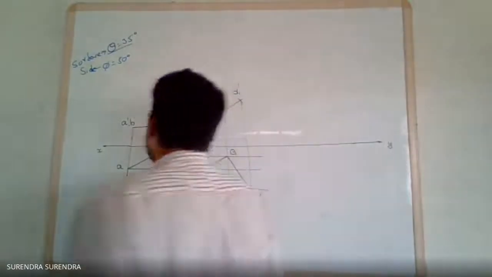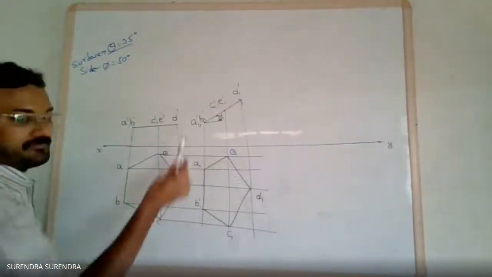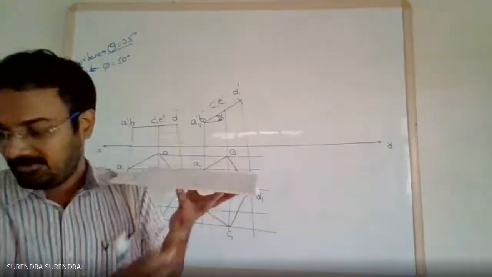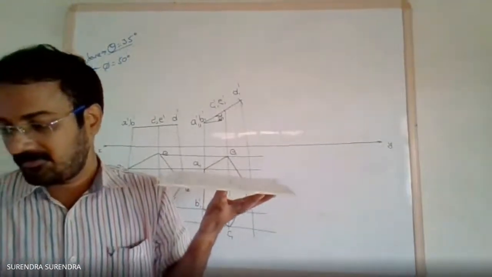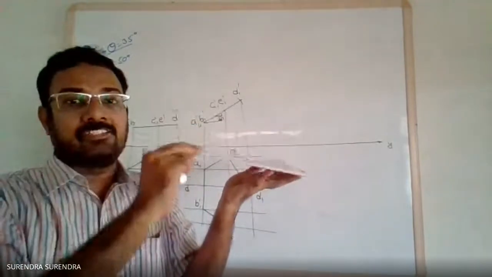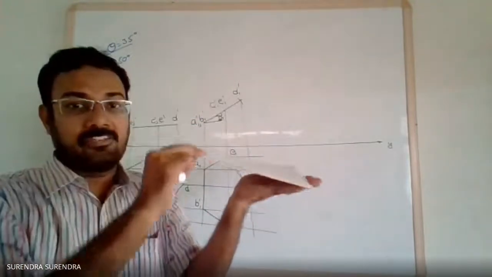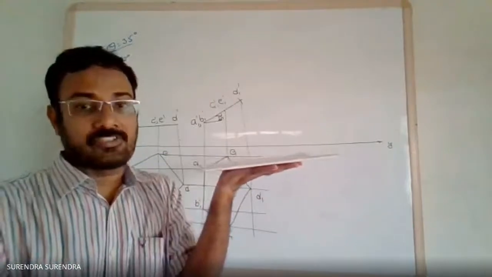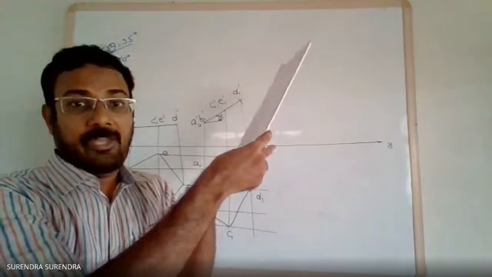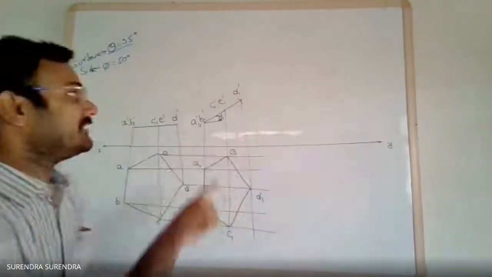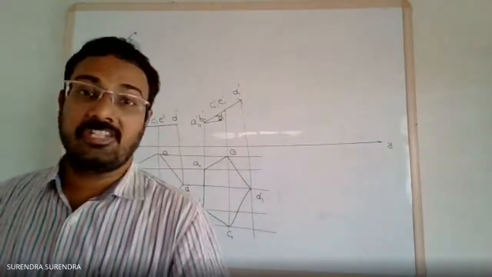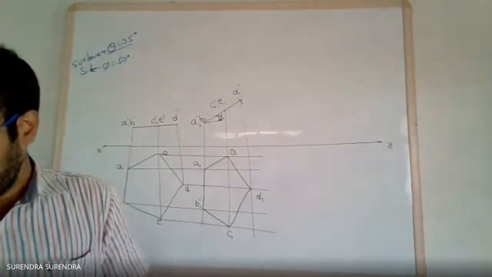If you observe, we are rotating the surface based on the edge. Initially we assume the surface is parallel to the horizontal plane and we rotate this surface based on an edge. See this, the points A1 and B1 are at the same distance from the horizontal plane.